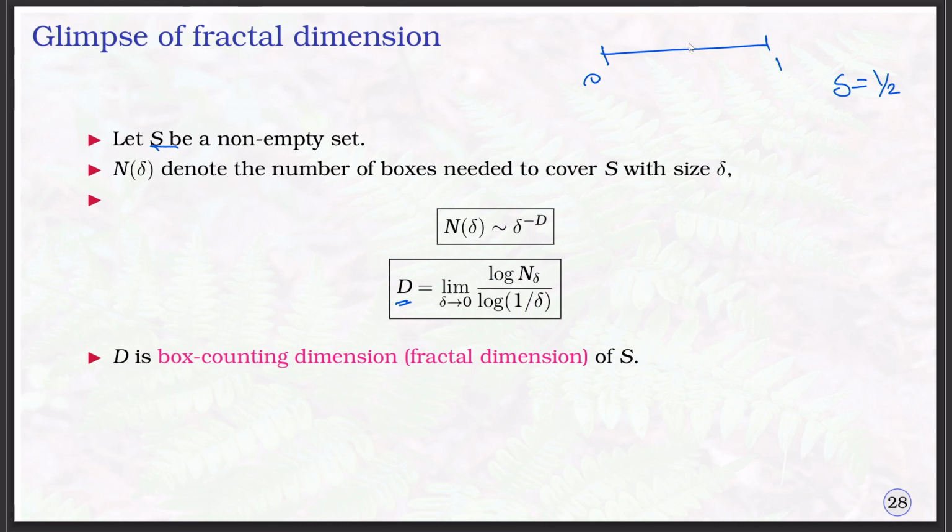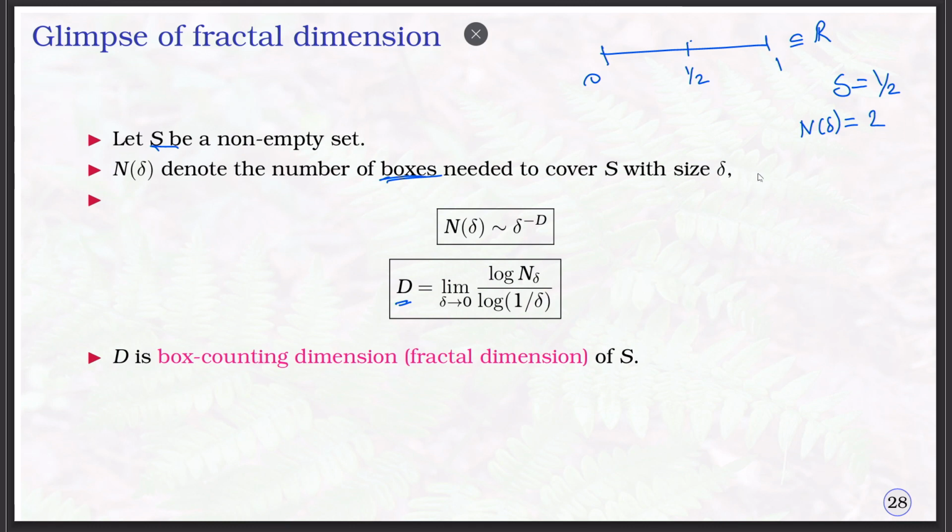As we discussed previously, then we need 2 closed intervals to cover this. So, here the boxes mean closed intervals, as this is a subset in R. Then n of delta, the number of boxes required to cover the closed interval 0, 1, is 2.